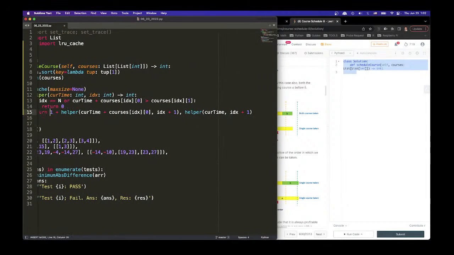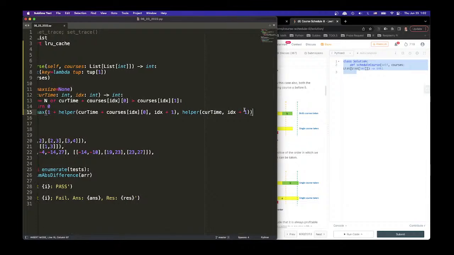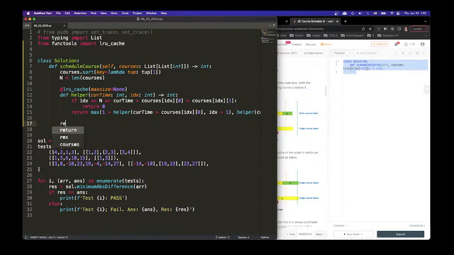So we return the maximum between the two. And then what we're going to return is helper, current time is 0 and the index is 0.